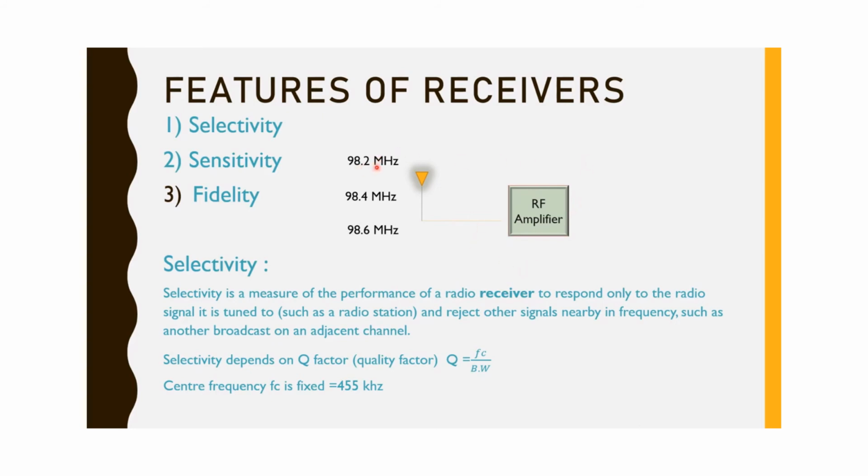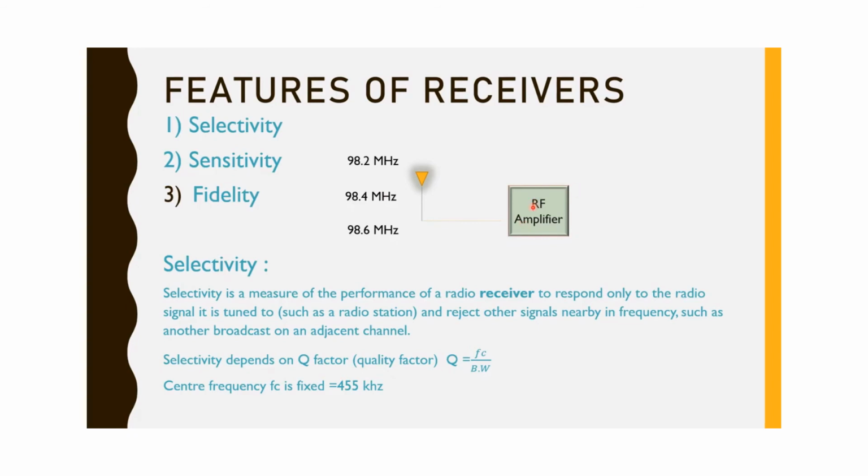Suppose there are three signals which are coming to our receiver. One is at 98.2 MHz, second is 98.4 MHz, and third one is 98.6 MHz. But we have designed this receiver for 98.4 MHz.